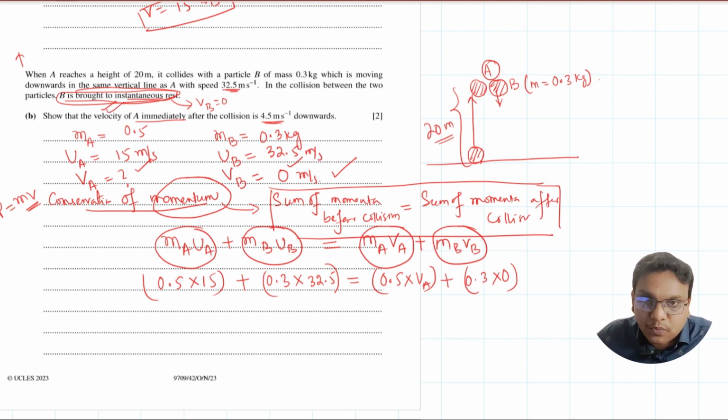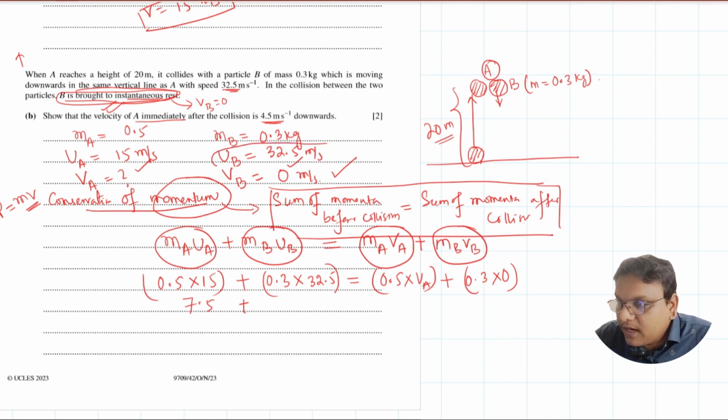That means there is no final speed. If I put the values in the calculator, you will get 7.5. This one will be 0.3 times 32.5.